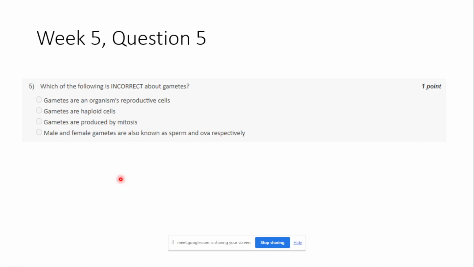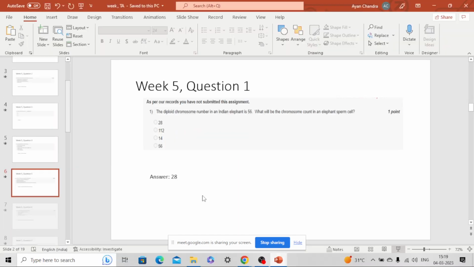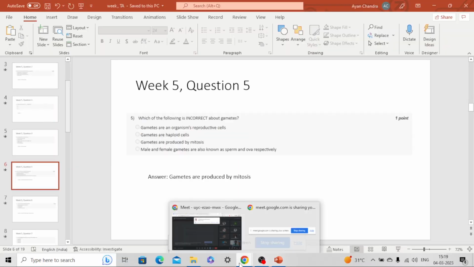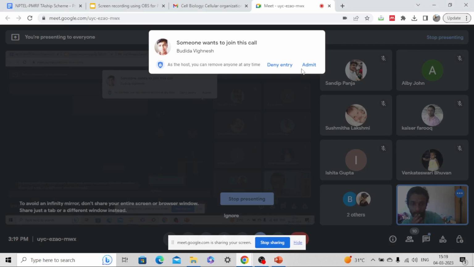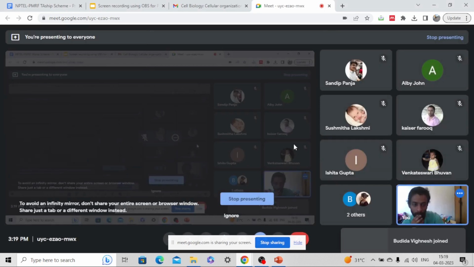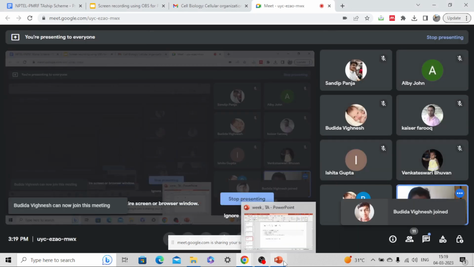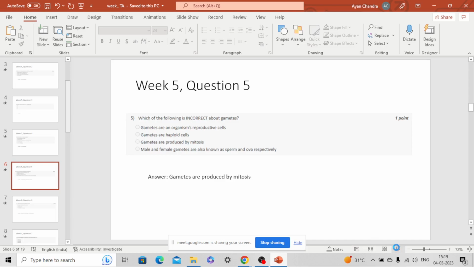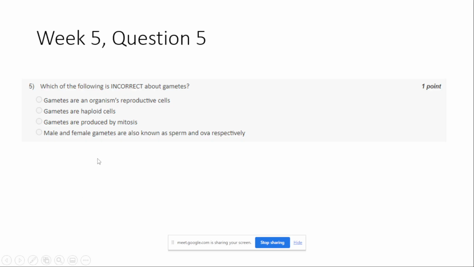Homologous chromosome separation. Yes, very good.